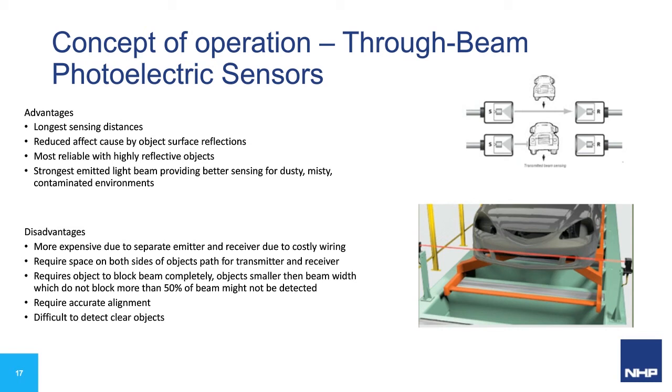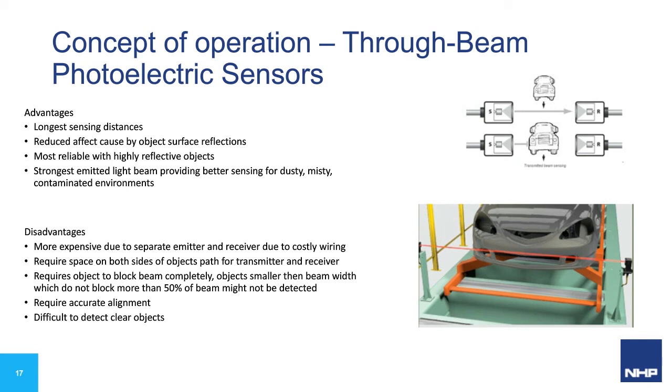So objects smaller than the beam width, which do not block about 50% of the beam, might not actually be detected. The long distance units require accurate alignment as well, and there can be nuisance tripping with movement or vibration. And they have difficulty detecting clear objects. So bottles, for example, most light will pass through, and beam intensity is just too high, so you wouldn't be able to use them effectively in all situations for that.